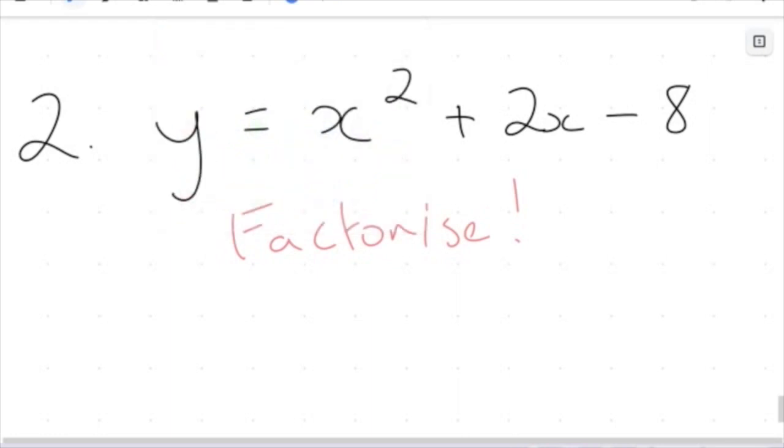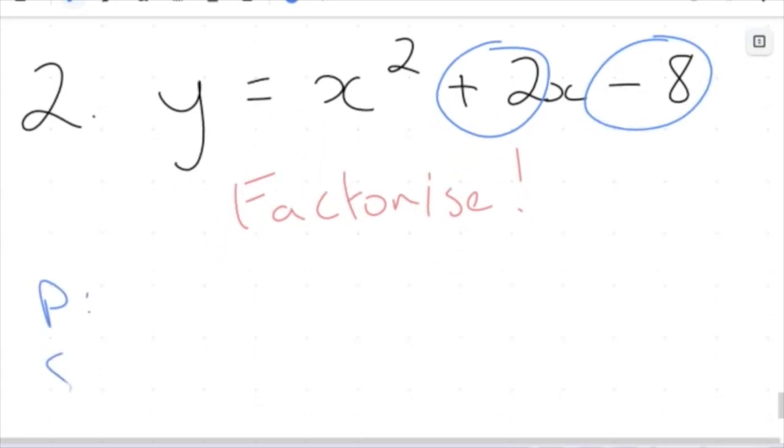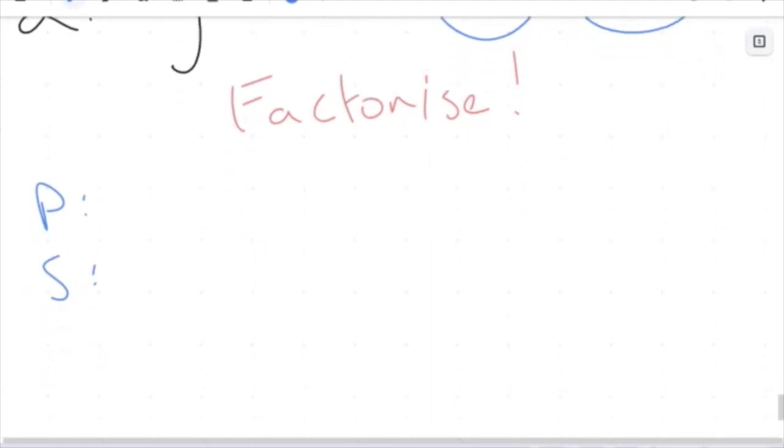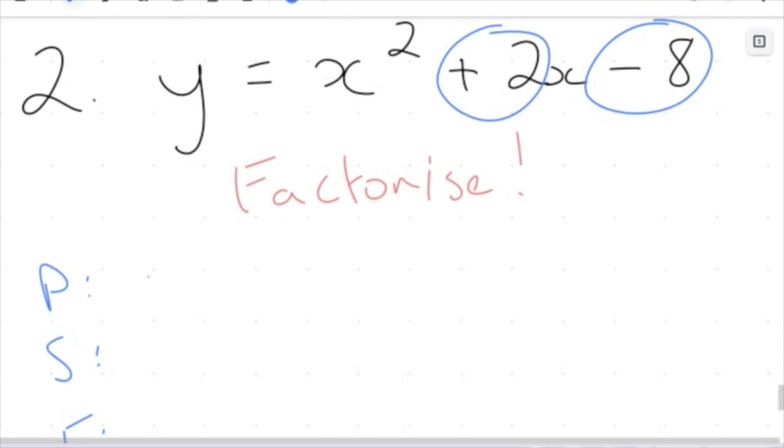So I want my two factors to sum to give me positive 2 and to multiply to give me negative 8. So I can set up my product sum factors thing here. So I want two numbers that multiply to give me negative 8 and add to give me positive 2. And those are going to be 4 and minus 2.